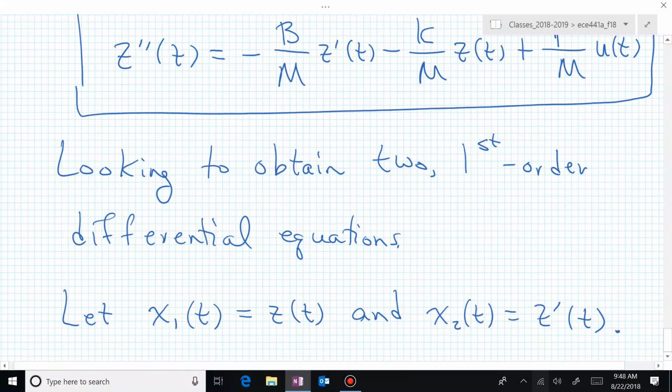We're just defining these state variables, x sub 1 and x sub 2. And now we want to find an x sub 1 prime equation and an x sub 2 prime equation based on this equivalence, saying x1 is position, x2 is velocity, and that governing second order differential equation.